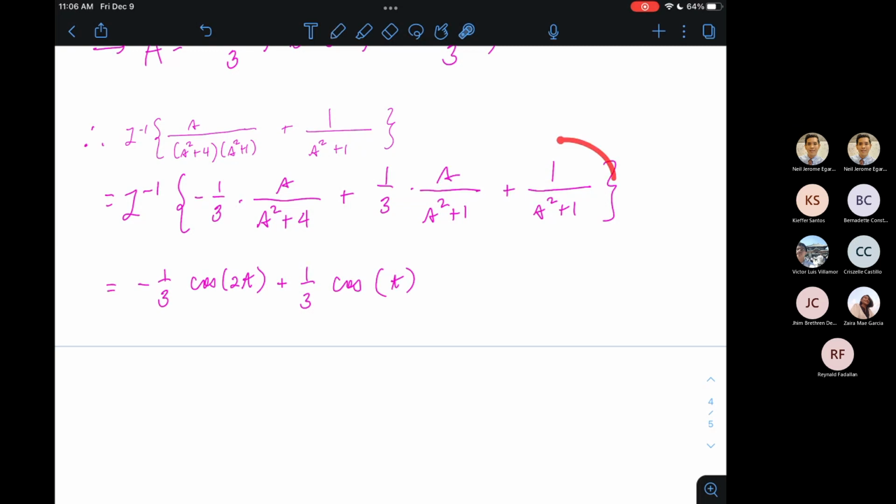Okay. Tapos inverse Laplace transform nito ay sine t. And there you go. Okay. Any questions?